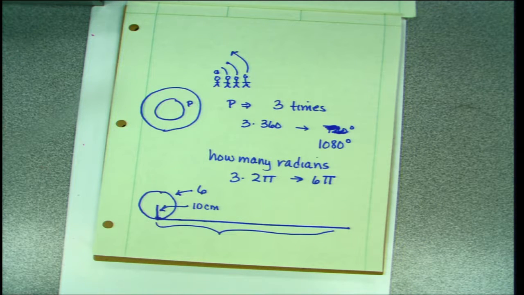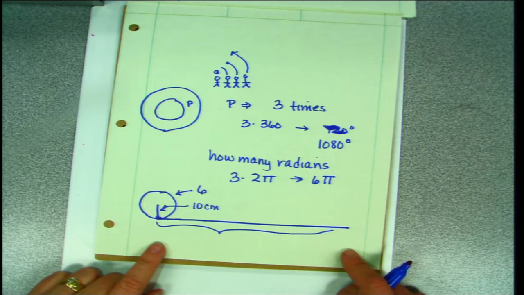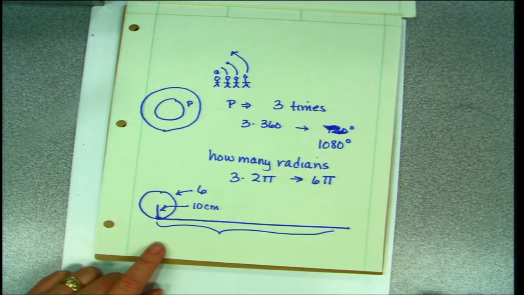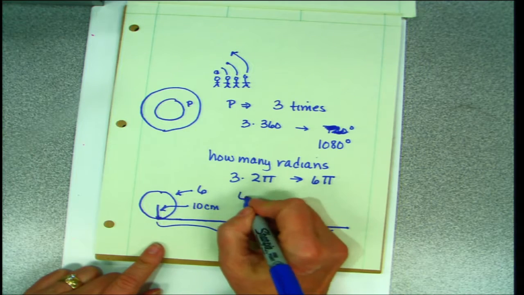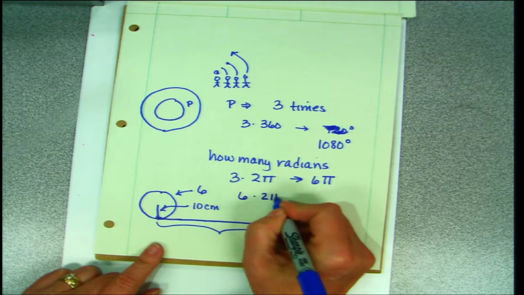And we want to know how much tape we roll out. So 6 times 2 pi is going to give me how many times I go around. It's going to give me 12 pi. And we have to deal with the radius here.